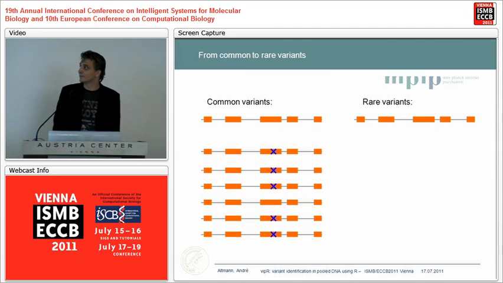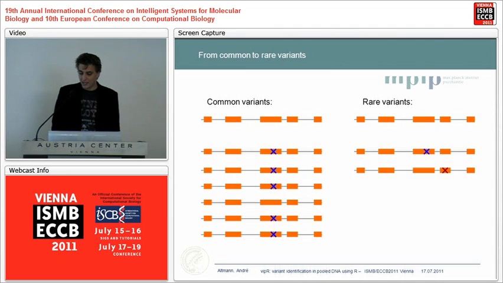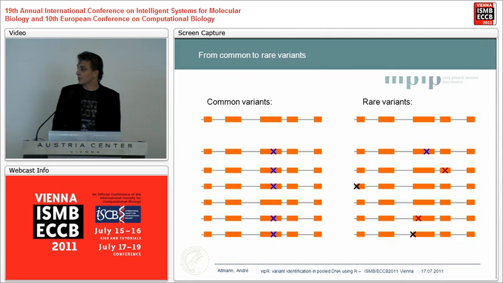It's the same gene, but one person might have a mutation, another one might have a newly introduced stop codon, another one has a splice variant, so the first exon is missing. You have another one with a stop codon or another splice variant or just another mutation. So at the bottom line, you have lots of different variants, and they all cause this gene to be malfunctional, not functional at all. And this is what you try to find.